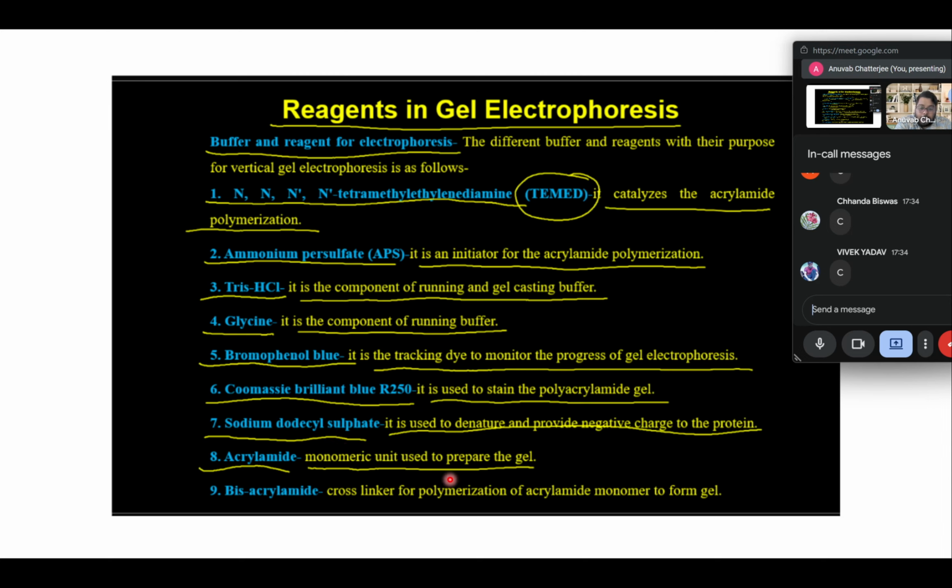Agarose, as you have seen, normally does not dissolve in water. You heat it up and then cool it down, and then it forms crosslinks. Acrylamide does not form crosslinks by itself. The cross-linking reaction needs to be started off by oxygen radicals, and these oxygen radicals are produced by a reaction of TEMED and APS.